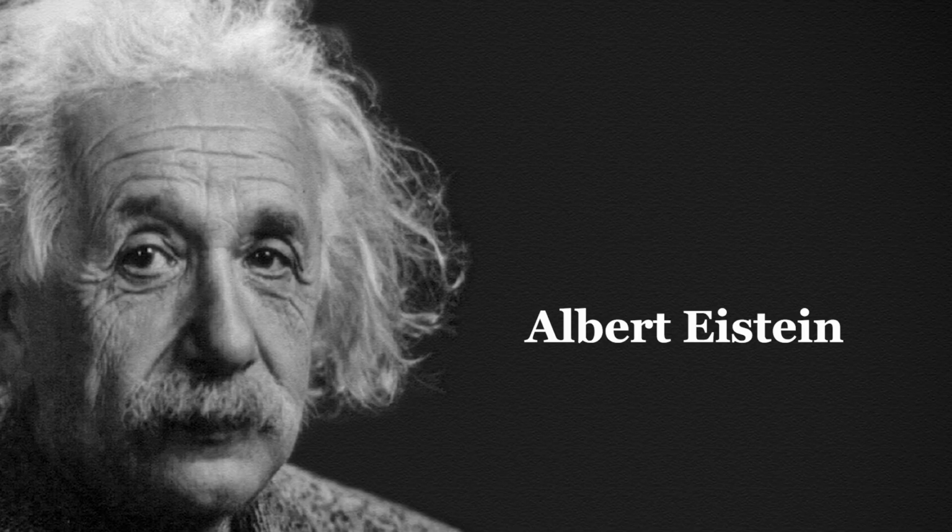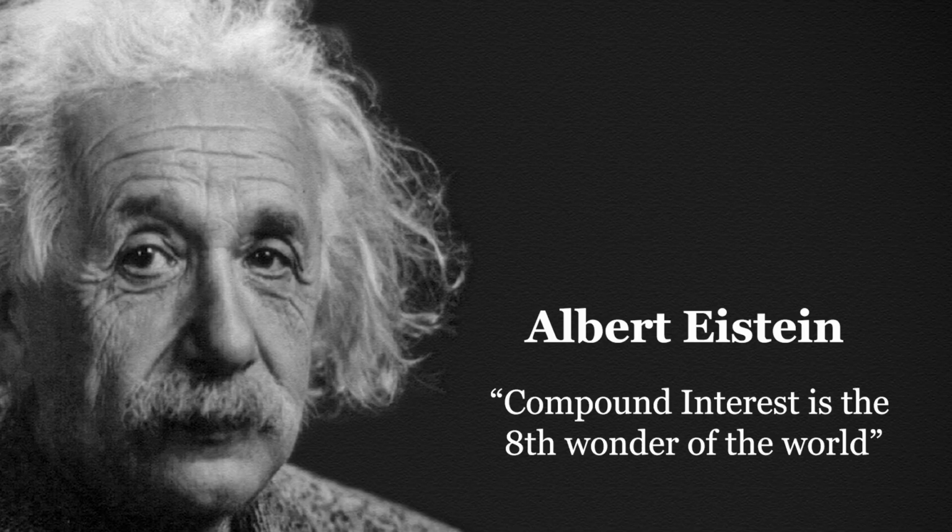I have recorded a video in the past talking about the rule of 72. Basically, this formula illustrates under a compound interest environment how fast you can double your principal. Albert Einstein called compound interest the eighth wonder of the world.